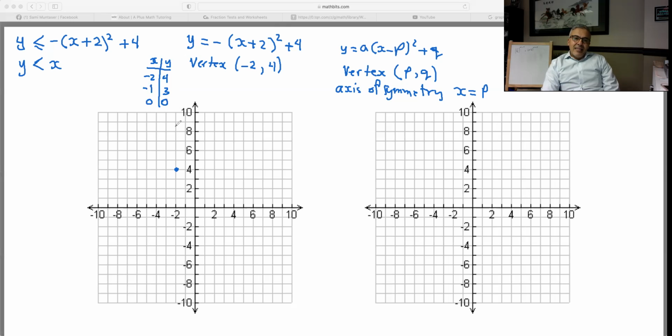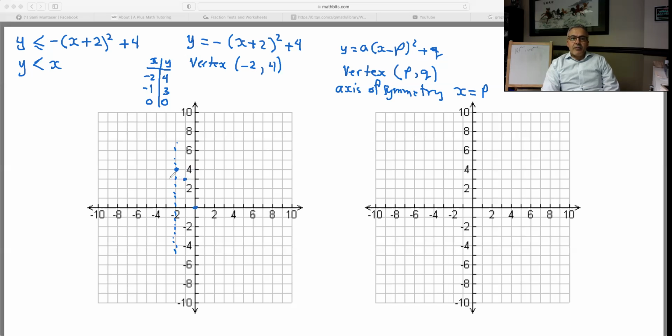Now I know my axis of symmetry is the dotted line right through the vertex, which is at -2 and 4. If I plot -1 and 3, and 0 and 0, I can take this point and reflect it across the axis of symmetry.